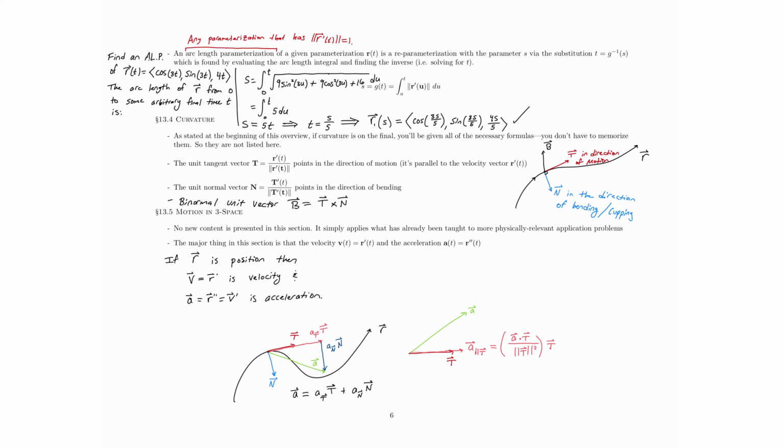This should be squared in the bottom there. Well, what do we know about the capital T? Capital T is a unit vector. So that's 1. So then we have A dotted with T times T.